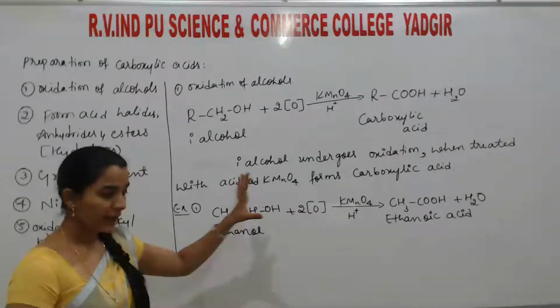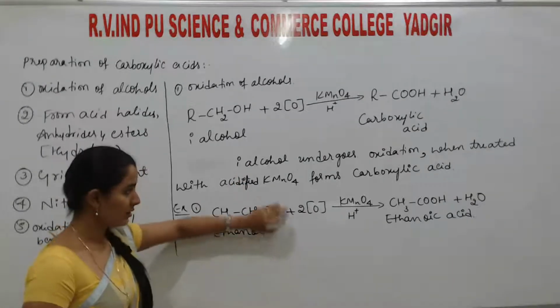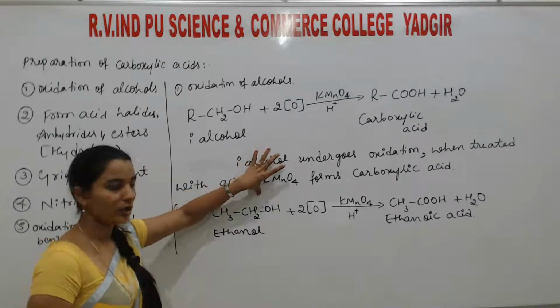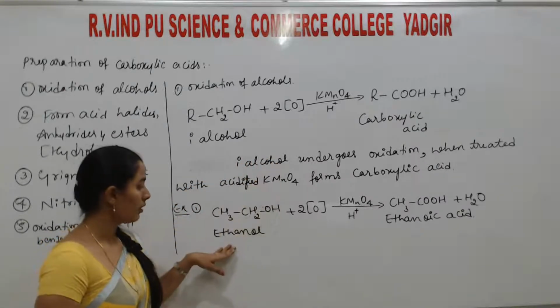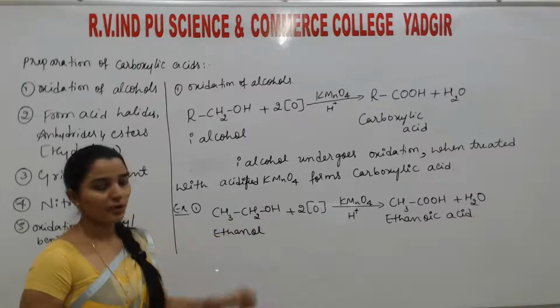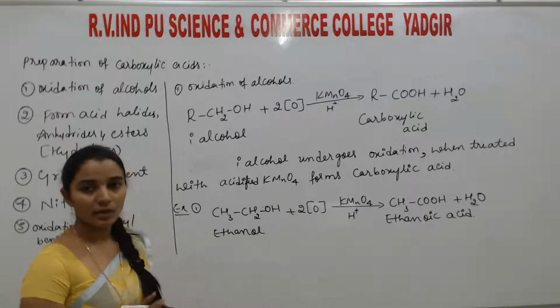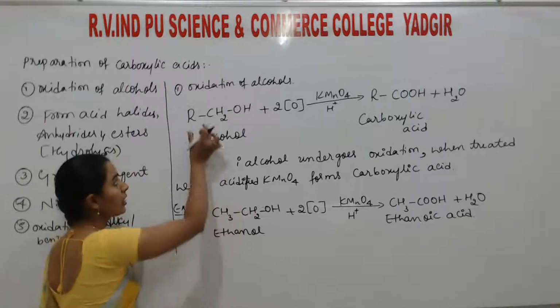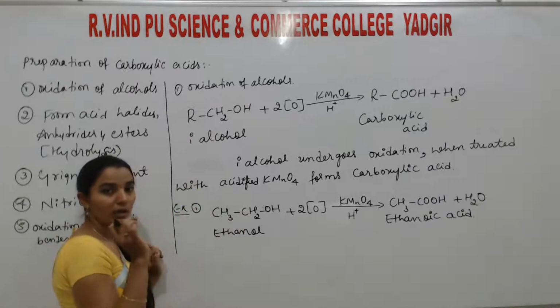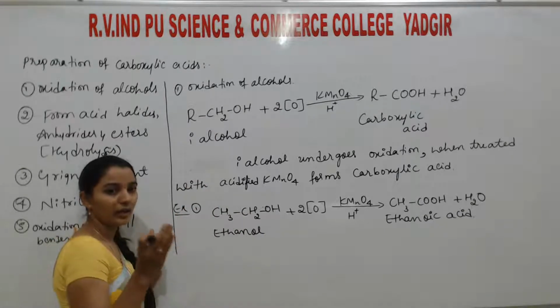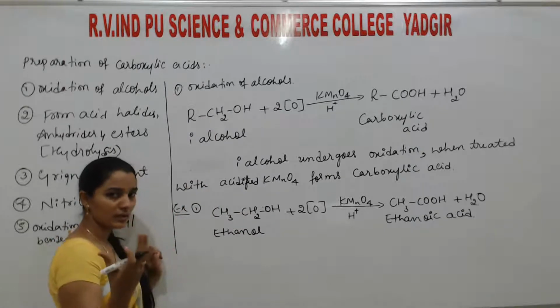This is the general explanation I wrote here. In the place of primary alcohol, replace ethanol. In the place of carboxylic acid, replace ethanoic acid. So the R group is the aliphatic group, like alkyl, CH3, C2H5, C3H7, like that.